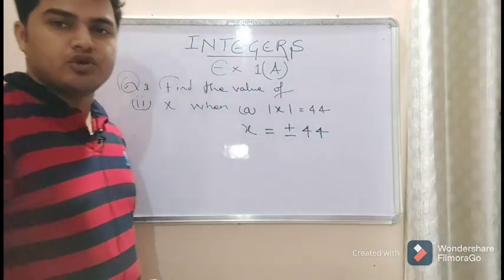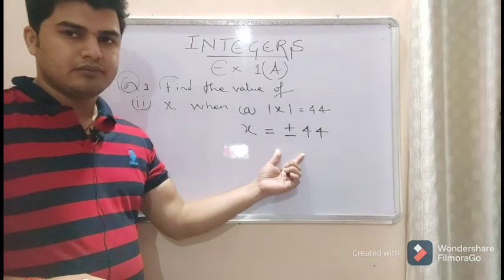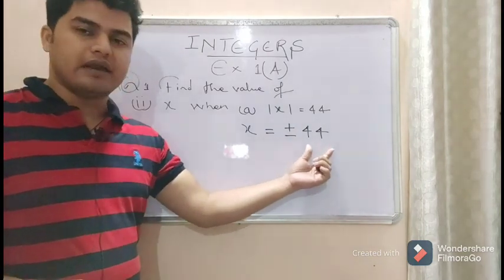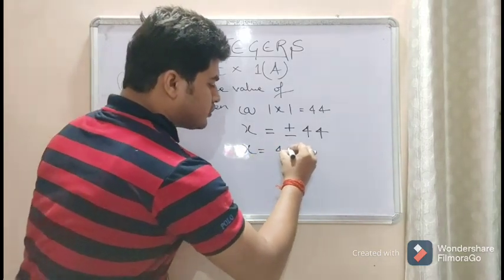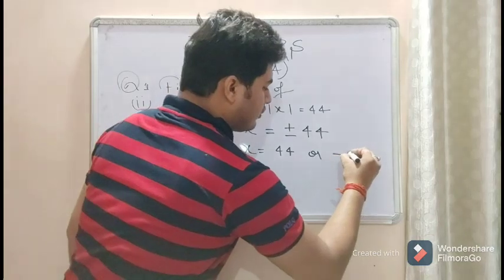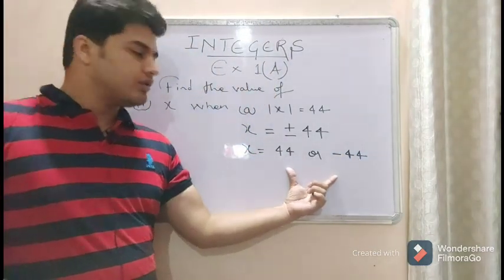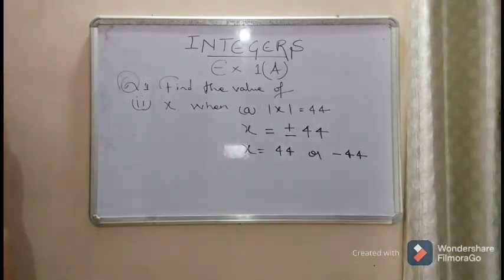Both of the signs will be used together. ऐसा हम कर सकते हैं, मैथ्स में ये रूल है. This means x can have a value of plus 44 also and a value of minus 44 also. So you can write it like this also. Both are correct.